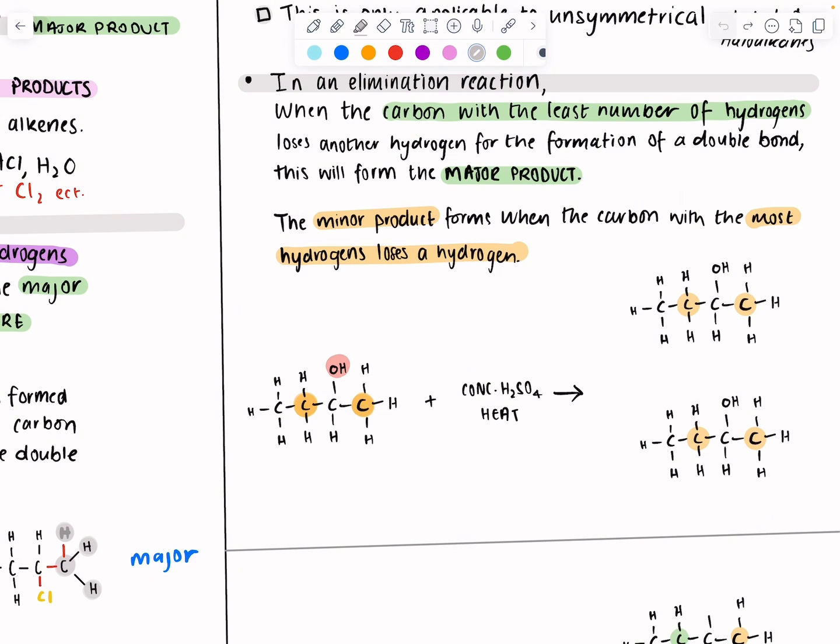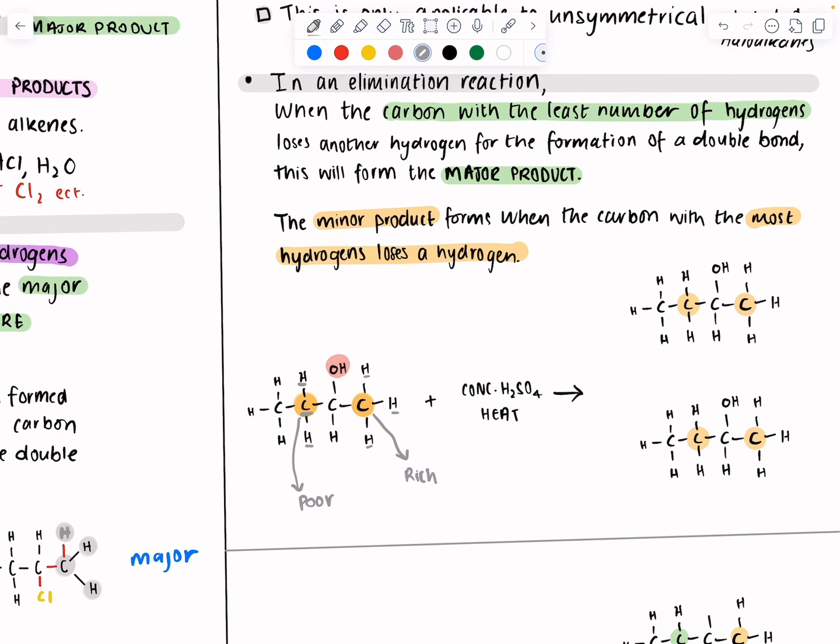This one over here, how many hydrogens does it have? It's got 1, 2, 3. How many hydrogens does this carbon have? It's got 1, 2. So this carbon is the rich carbon. This carbon is the poor carbon.